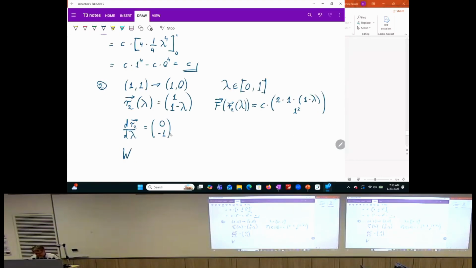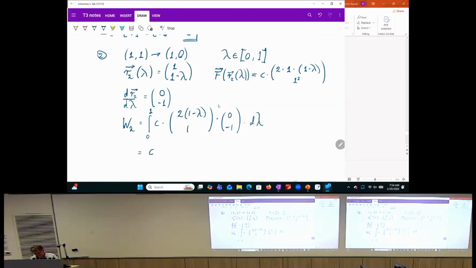Insert that now into our second stretch of the work integral. Parameter running from 0 to 1. C times, that is our parameterized force field, 2 times 1 minus lambda, 1. That is our tangent, our adjusted line element. That is c times the integral from 0 to 1. Now take the inner product.